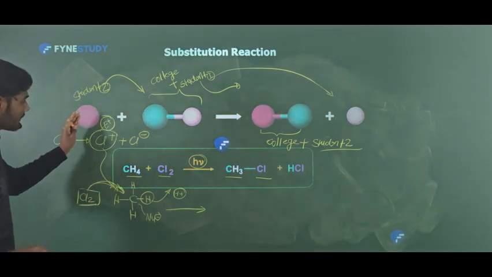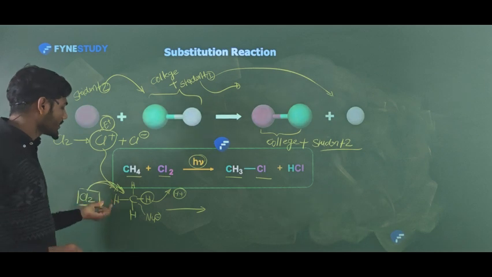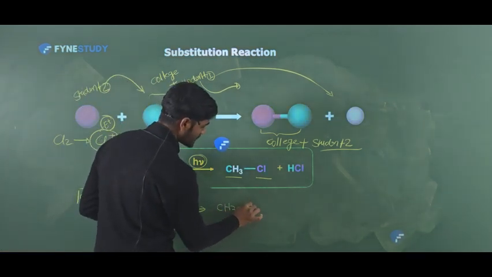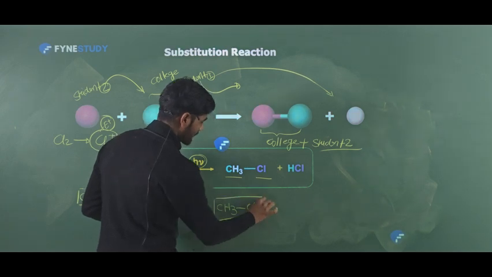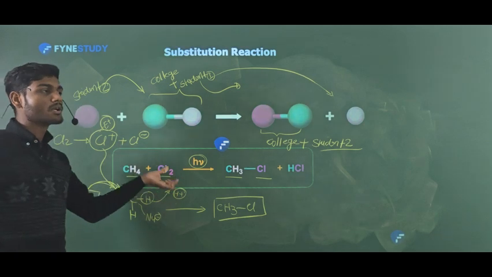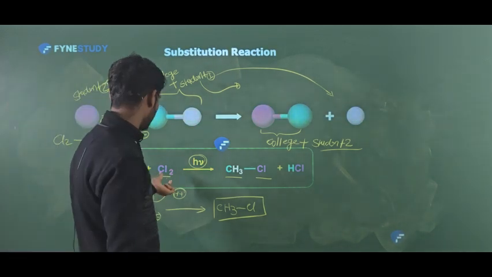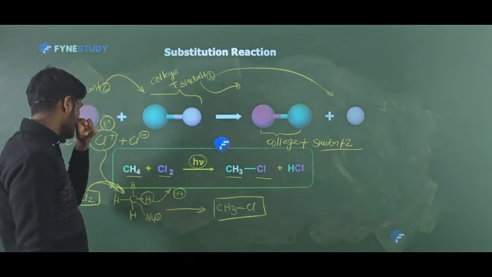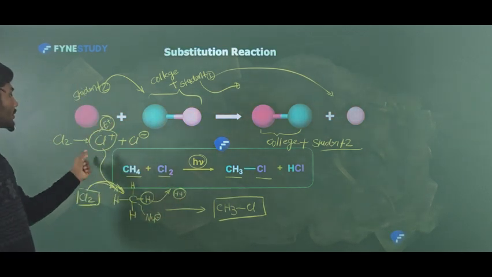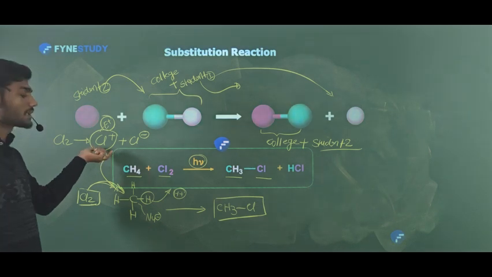The electrophile will come to the nucleophile, form the bond, and form the new compound, which is CH3Cl. So here is the replacement of hydrogen on the carbon with chlorine.